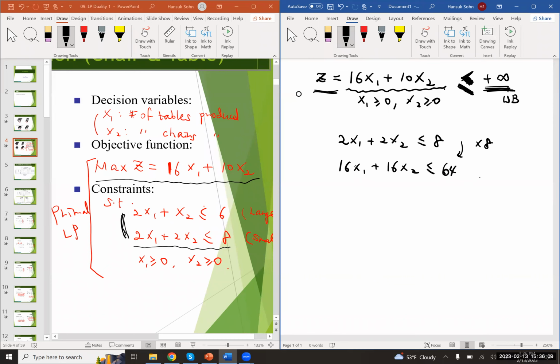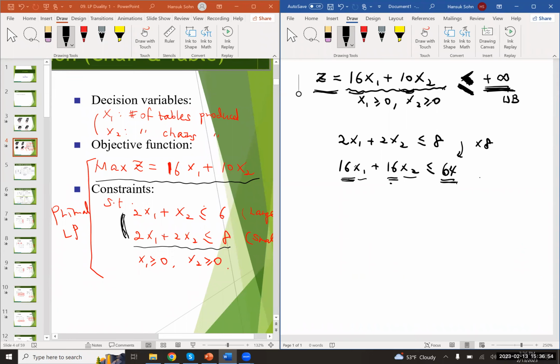And the point is, if the coefficients of these two variables, which is 16 each, are greater than or equal to the coefficients of the corresponding variables in our objective function, which are 16 and 10, then the right-hand side value, which is 64, acts as an upper bound on the optimal value of our objective function.